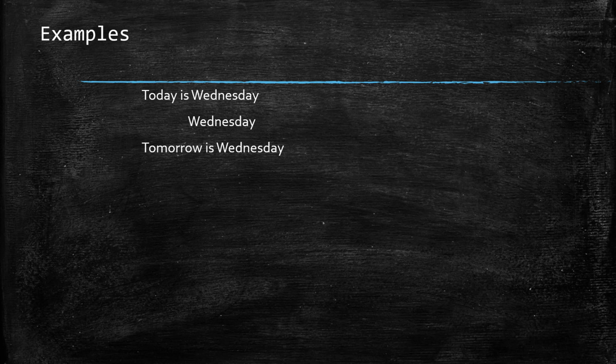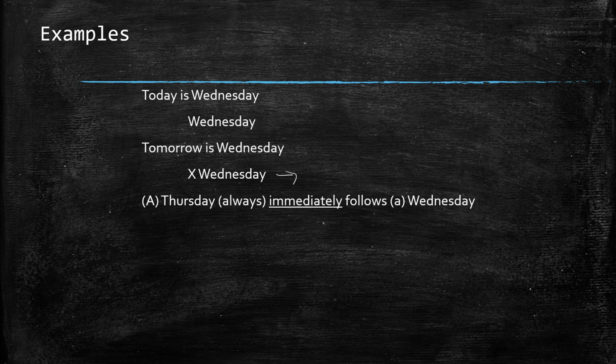So tomorrow is a Wednesday. Now remember that one instance or one state of this model is going to be one day, one weekday. So tomorrow is a Wednesday means next Wednesday. So we can just simply write next Wednesday, or X Wednesday, which means that tomorrow is a Wednesday. So this is the LTL's way of expressing tomorrow is a Wednesday, by writing X Wednesday.